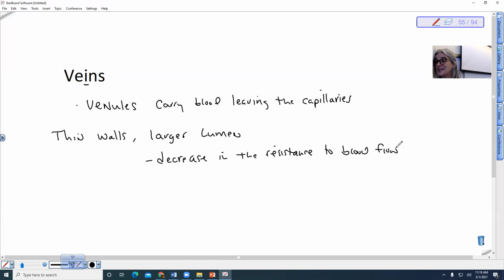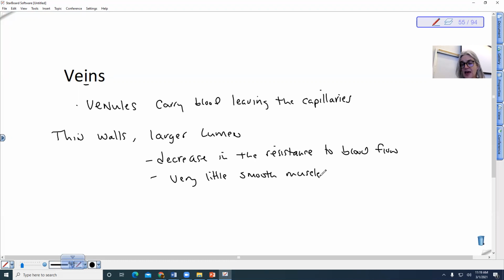They have very little smooth muscle, because they do not need to vasoconstrict or vasodilate because they're not shunting blood to any particular region of the body. They're just going back to the heart.